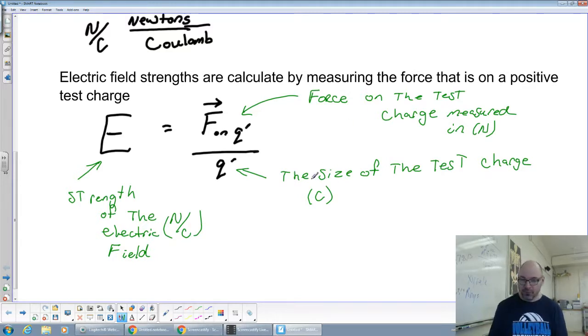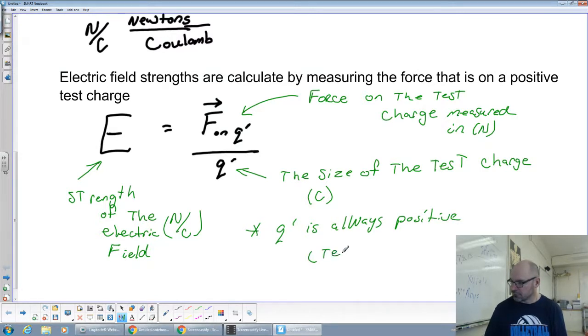And remember, as we set up here, Q prime is always positive. It's a test charge. It can be different sizes, but it always has to be a positive one so that we know the direction of the electric field.